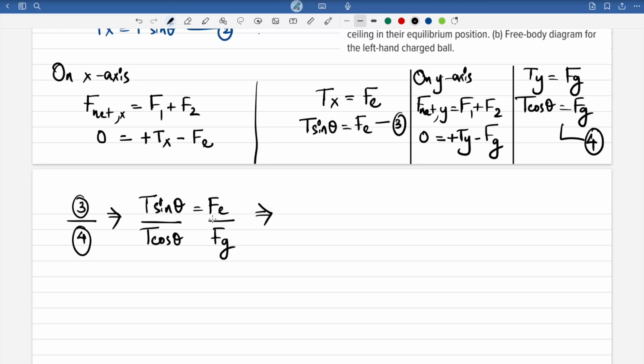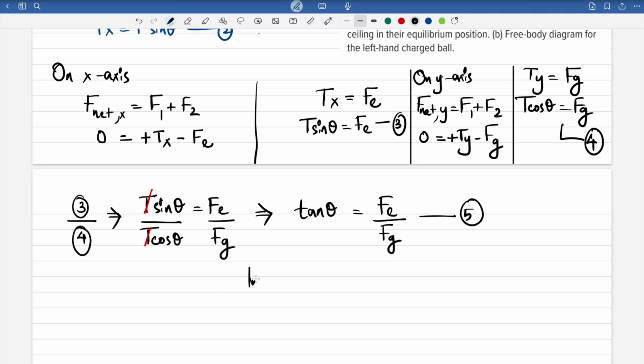So T and T can be cancelled out. And what is sine theta by cos theta? It's tan theta, right? Tan theta equals Fe over Fg. So we have another equation here. Let's call it equation number 5.